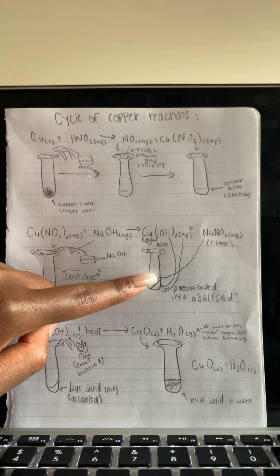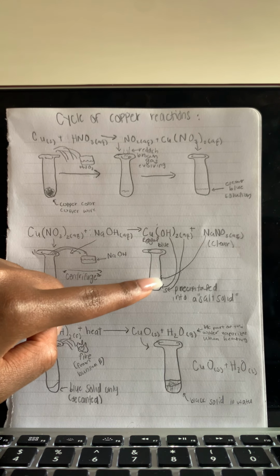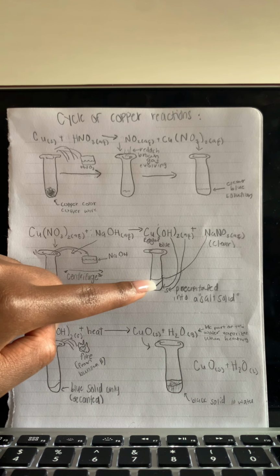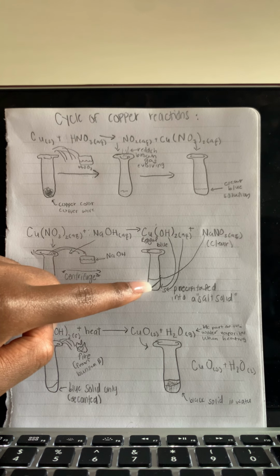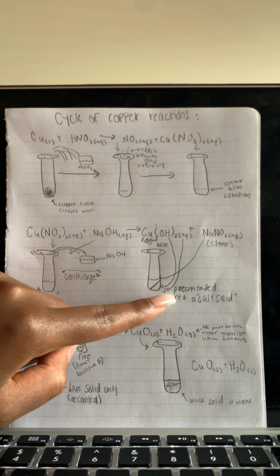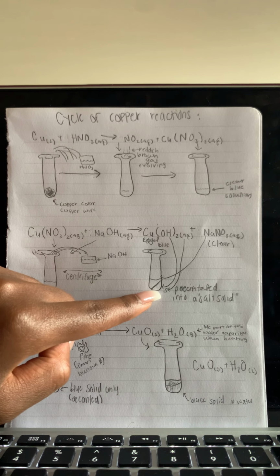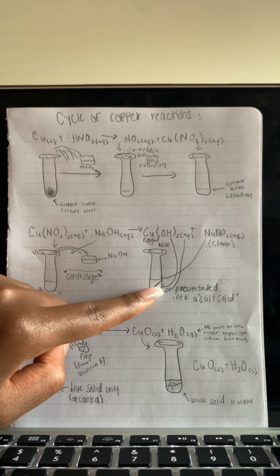Here we have the clear part, which is the aqueous solution of sodium nitrate, and then we have the royal blue solid at the bottom, called the precipitate, which is copper 2 hydroxide.